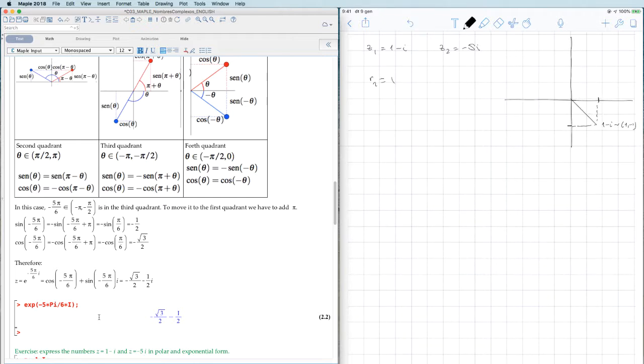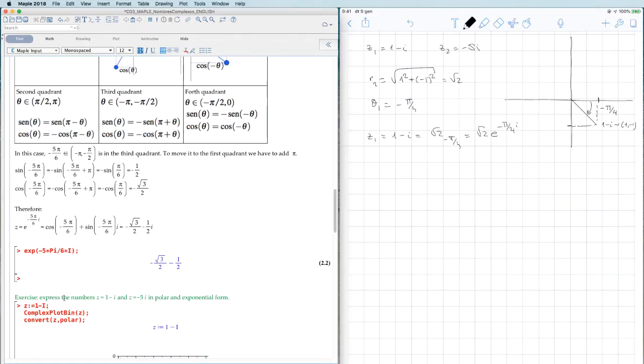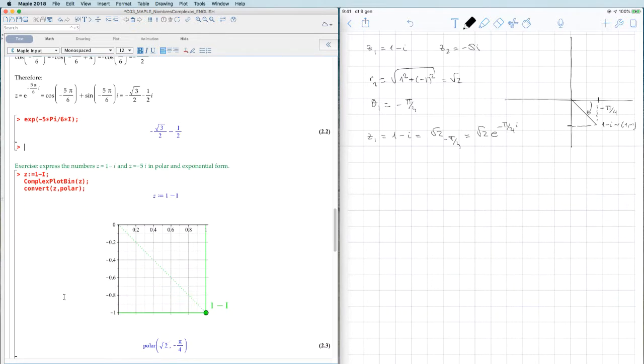The first one, we can use the formula 1 squared plus minus 1 squared, but it's going to be square root of 2. And the argument, as we look at the plot, is minus pi over 4. It's minus 45 degrees. This can be done just because a and b are equal. So z1 is going to be square root of 2 e to the power minus pi over 4i.